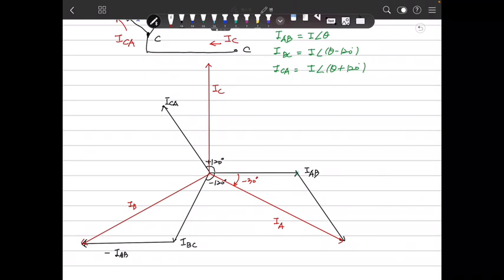So the magnitude is root 3, and the phase is delayed by 30 degrees. That's the relationship between the line current and the phase current in the delta configuration.